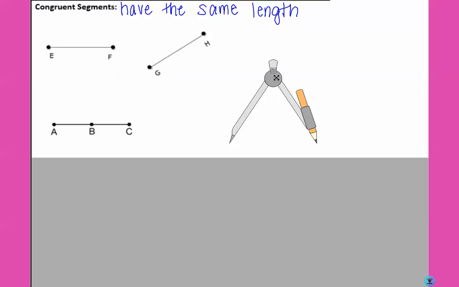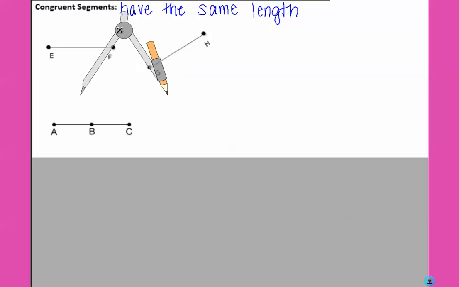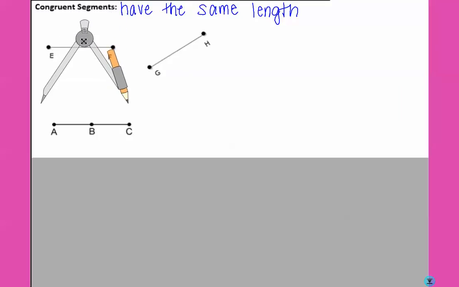If we wanted to check this with a compass, we would put the center, or the pointy end, on one end and we're going to put the pencil end on the other. That'll show us how long it is. So that's how long EF is.